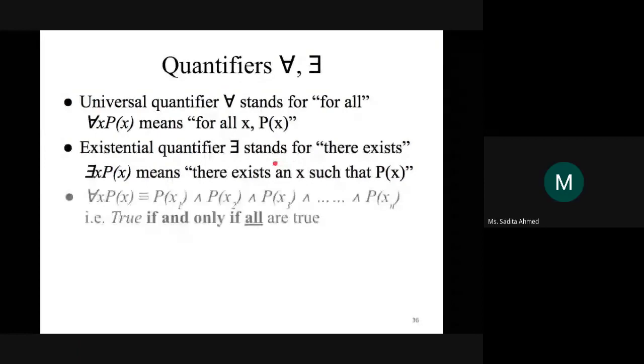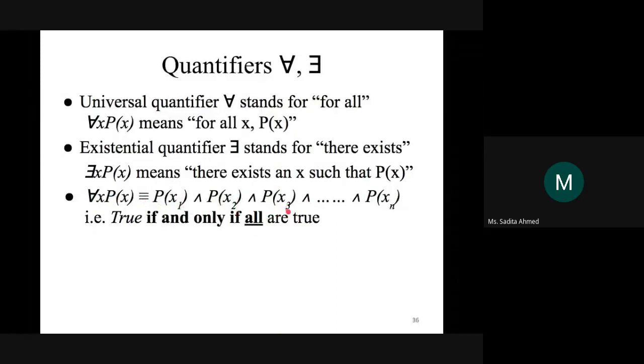So basically, what do we understand? We understand that for all x P(x) is equivalent to the propositional function at x1 and the propositional function at x2 and at x3 and x4 and x5 and so on until xn.